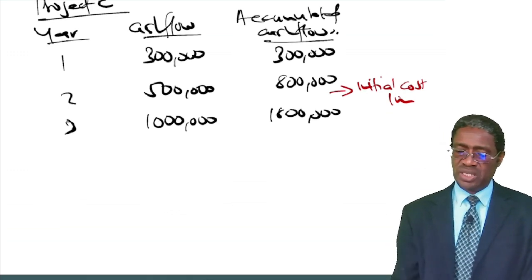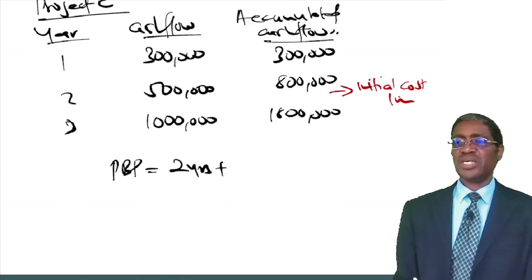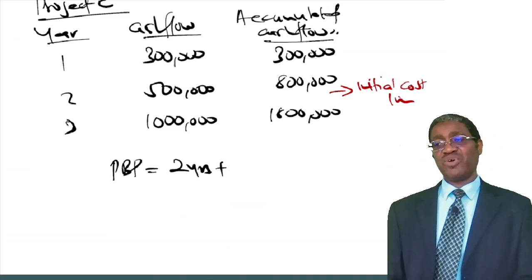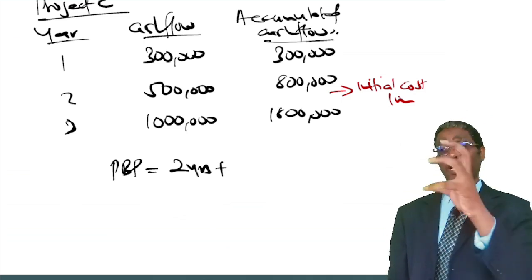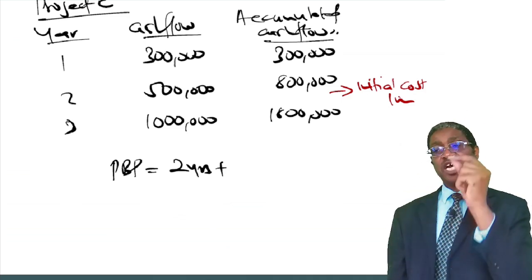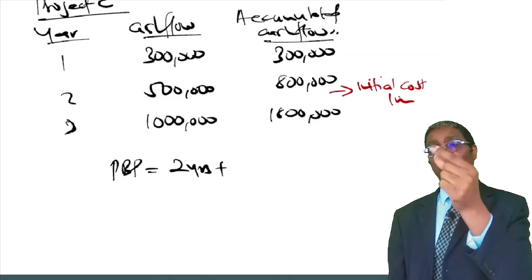So we come and say here payback period equals to 2 years plus. Get the balance. I've already mentioned how to get it. We don't need to explain again. If my initial cost is 1 million and by end of year 2, I've only recovered 800, I need another balance of 200.